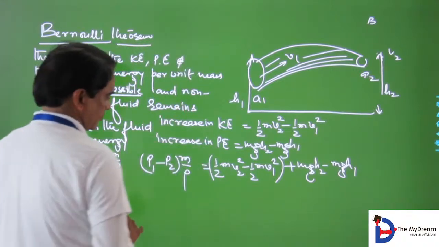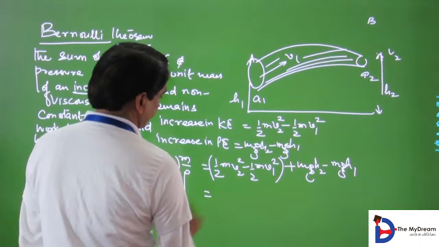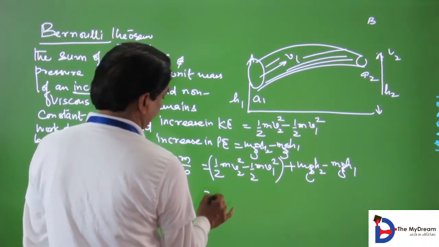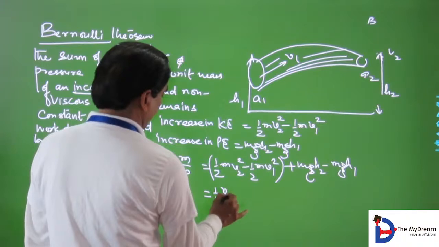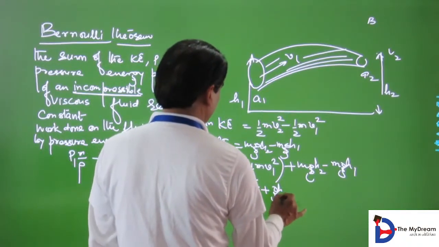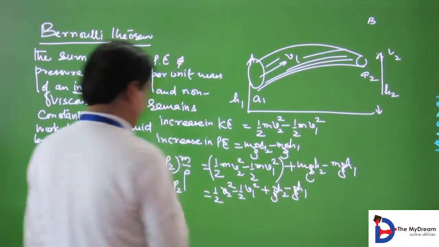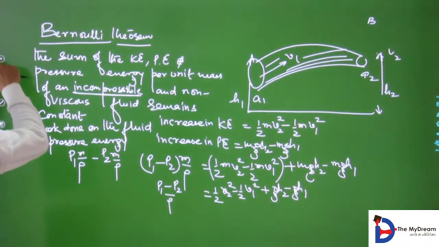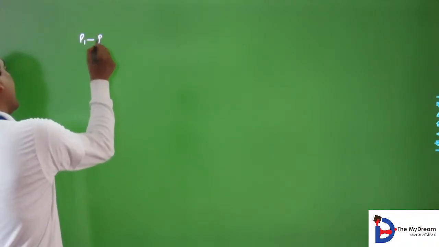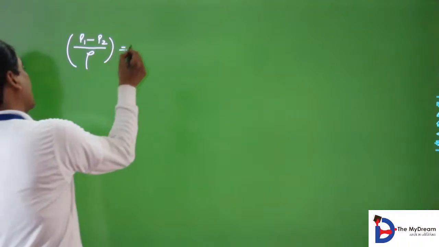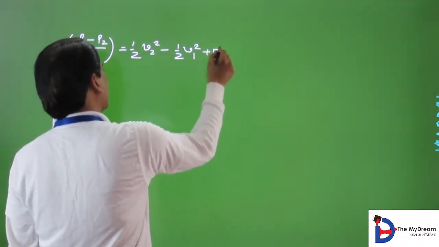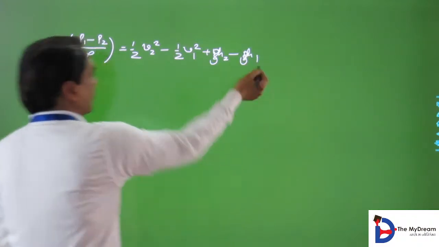So you can write P1 minus P2 by rho equals half V2 square minus half V1 square plus g h2 minus g h1. M cancels with M, we have cancelled m from both sides.